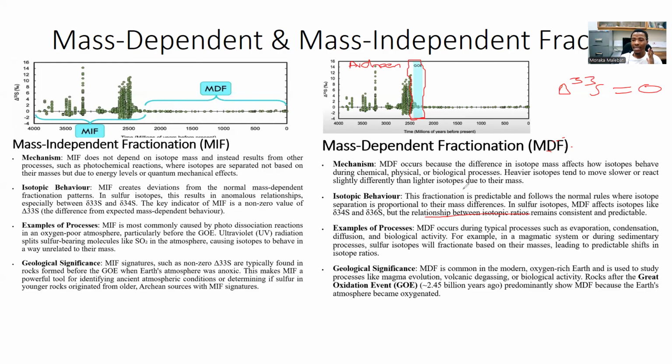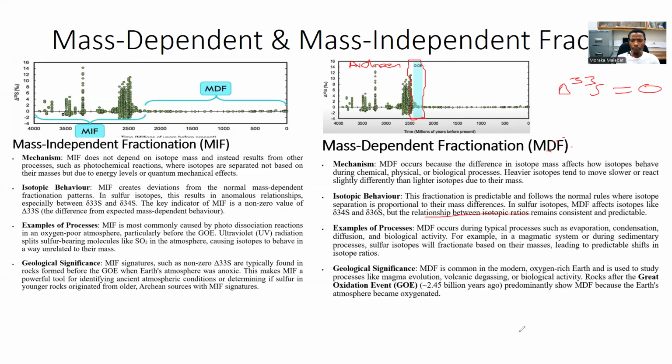The most important part is that these are consistent and predictable because they fall on the 0 line. All right, so this Cap33 ratio is always equal to 0, which is why they are consistent and predictable.